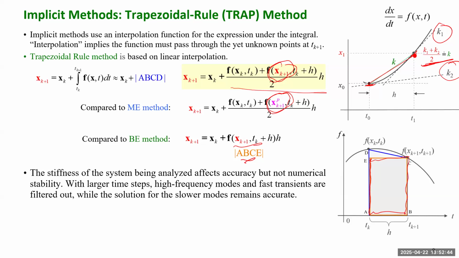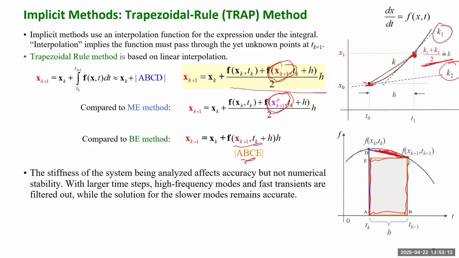The stiffness of the system being analyzed affects the accuracy but not numerical stability. It does introduce some error, for example, this error will be missed. But you can always follow the true curve, even if you take a very large time step. What is missing will be some fast dynamic in the middle.